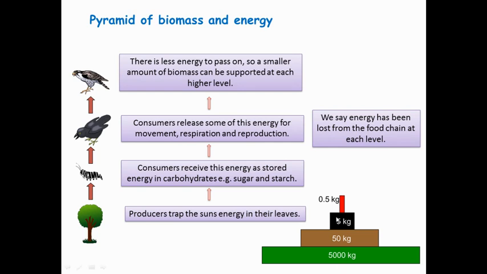That's why right at the top level, there's a much lower biomass because if you compare how many insects you see to how many sort of mammals, so think about foxes and badgers, there's a lot fewer mammals than there are insects because they're higher up the food chain, okay? The biomass, there's less biomass that can be supported because there's less energy.